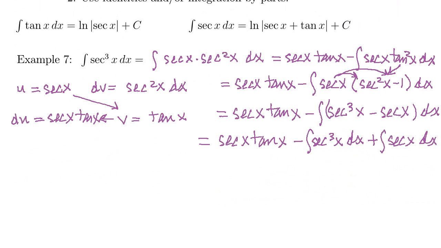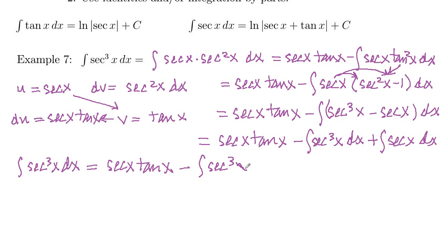So now let's look at our two sides here. We've got the integral of secant cubed on the left, and on the right, secant tan, minus the integral of secant cubed x dx, and then plus the integral of secant.